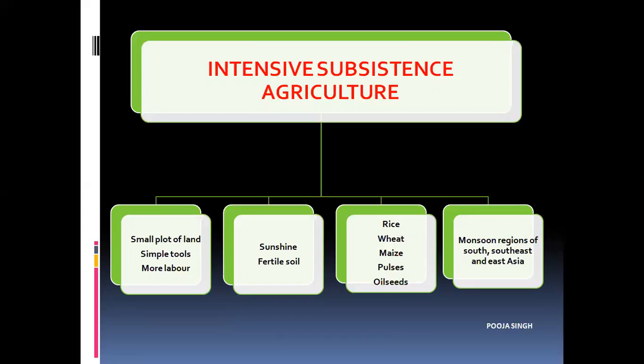Rice is the main crop. Other crops include wheat, maize, pulses, and oilseeds. Intensive subsistence agriculture is prevalent in the thickly populated areas of the monsoon regions of South, Southeast, and East Asia.